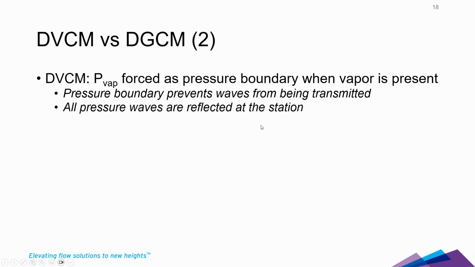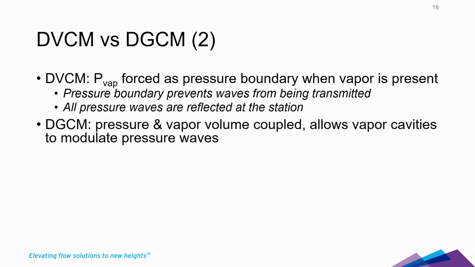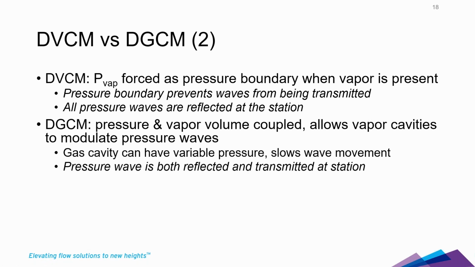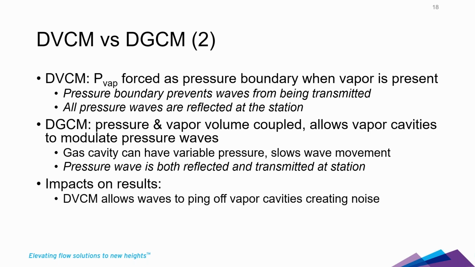They are reflected. The gas cavity model allows some level of transmission and reflection off of a vapor volume at a station. So the problem is that with the vapor cavity model, you can have waves that are pinging off the different pipe stations, and that's what creates the noise.